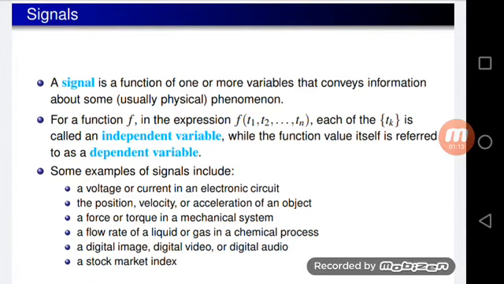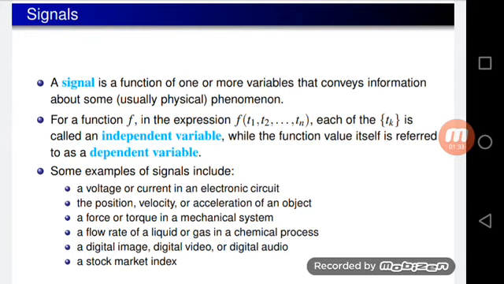A signal is a function that includes one or more variables which convey information about some phenomenon. In simple meaning, a signal carries information from anywhere to receivers.